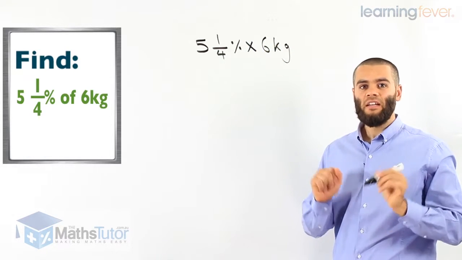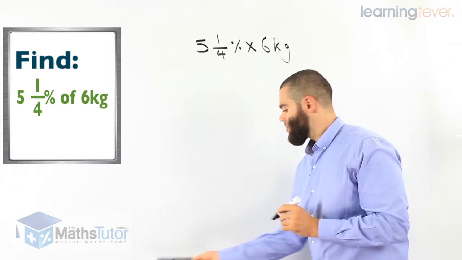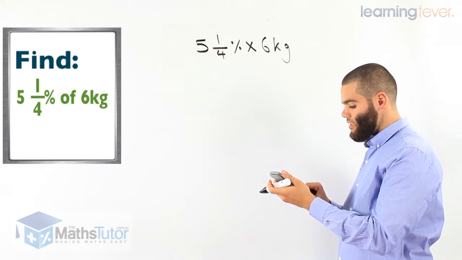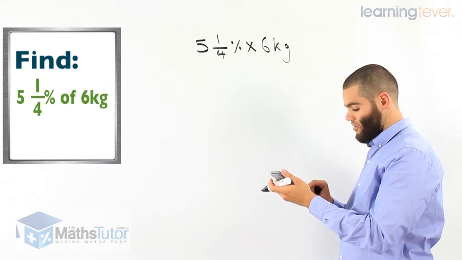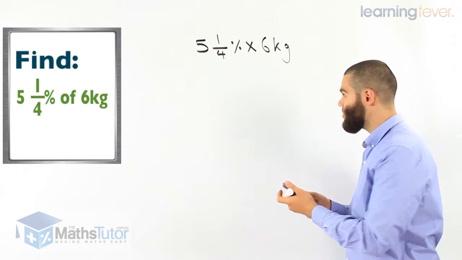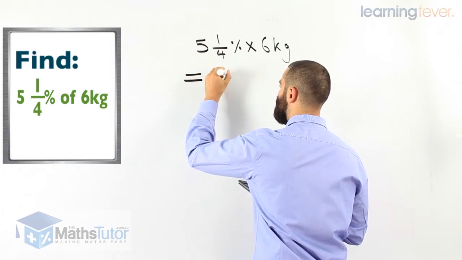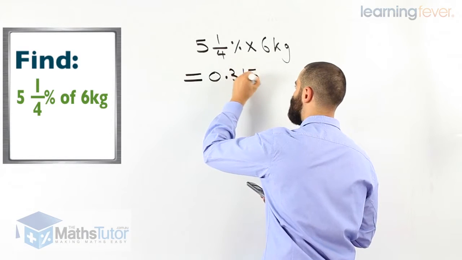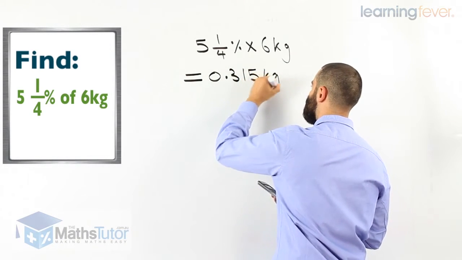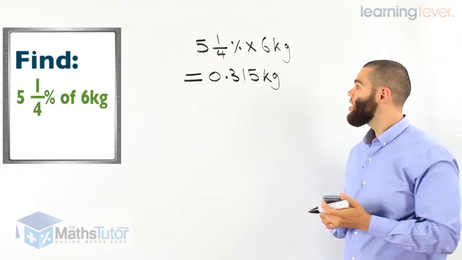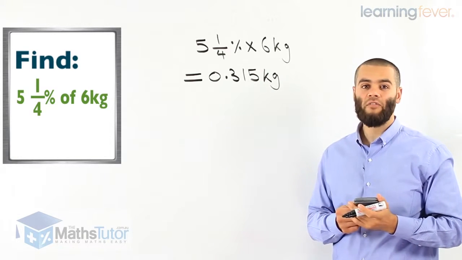Grab your calculator, let's do it. 5.25% times 6 kilograms is 0.315 kilograms. So 5.25% of 6 kilograms is 0.315 kilograms.